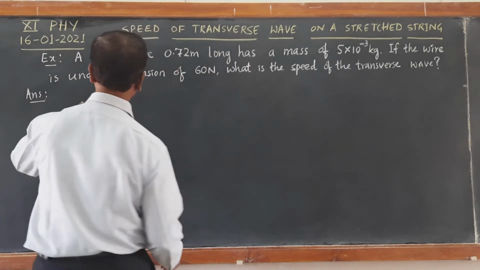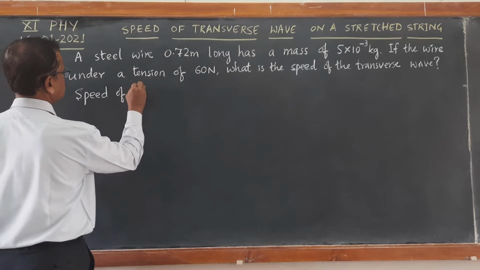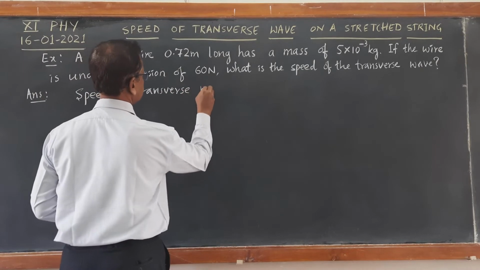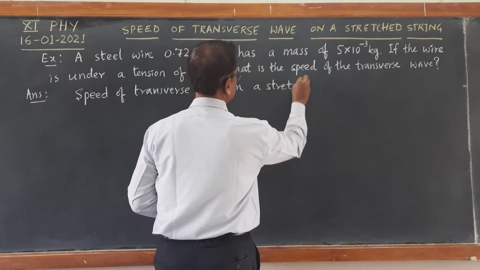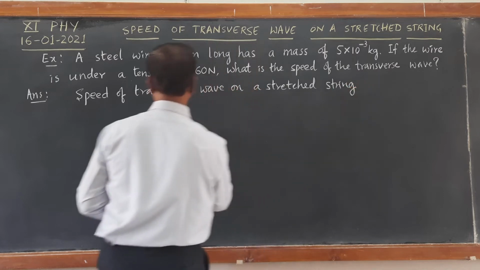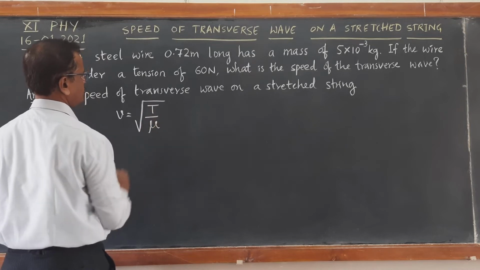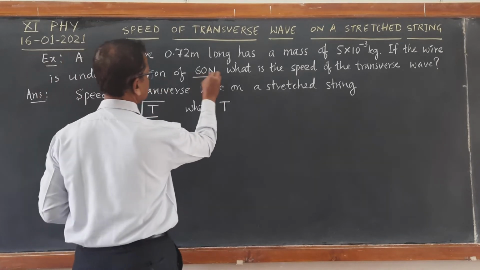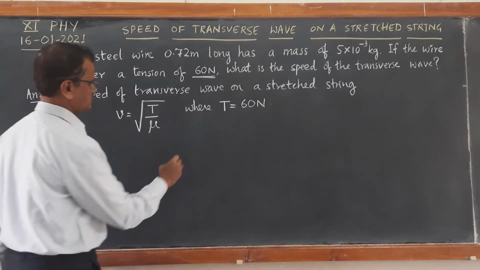So as we have learned in the previous session, speed of transverse wave on a stretched string, V equal to square root of capital T by mu, where T is the tension in the string which is given here, 60 Newton, and mu is the mass per unit length.